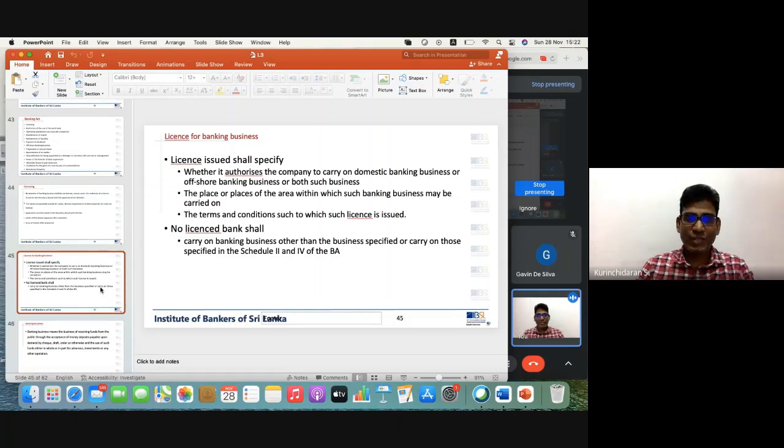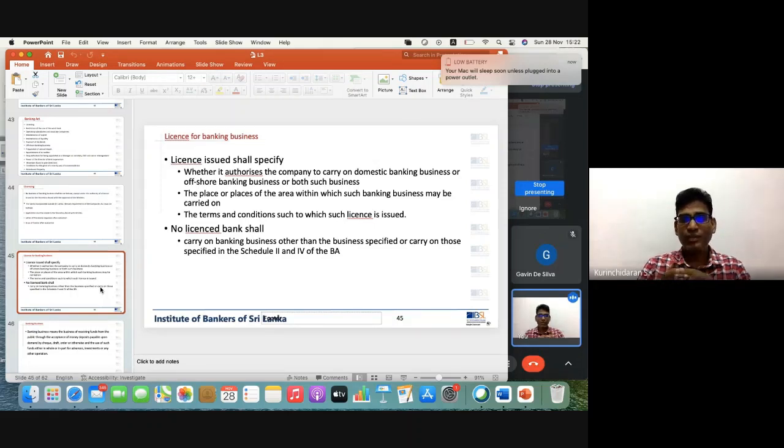So when they issue the license, it says whether you can carry out banking business, whether it's domestic or offshore, or which place you can have the banking business, and what the terms and conditions for the license are, right?